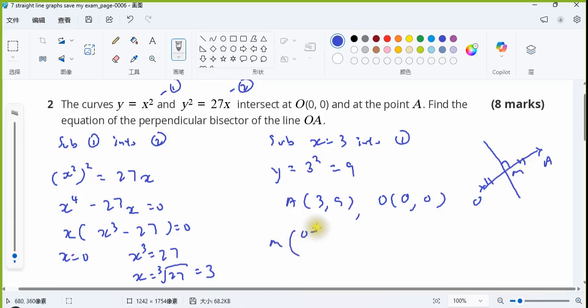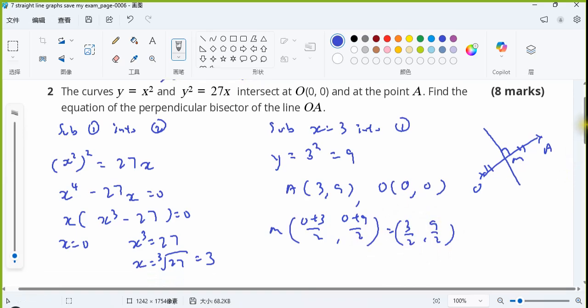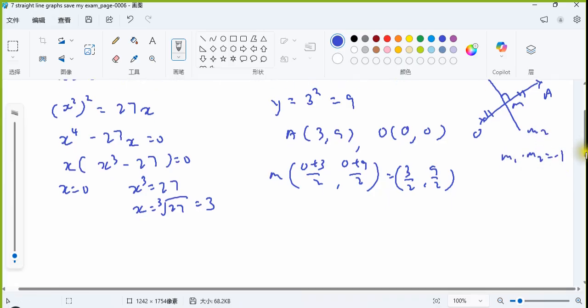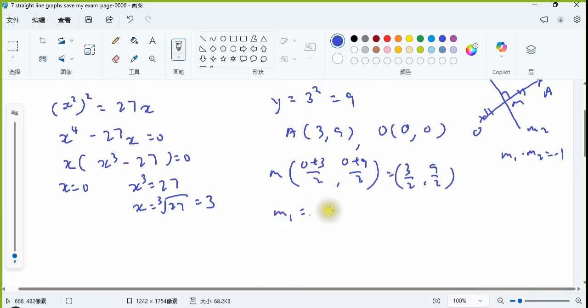So the midpoint is (0 plus 3) over 2, (0 plus 9) over 2, which is (3/2, 9/2). And gradient 1 times gradient 2 equals negative 1. Gradient 1 is (9 minus 0) over (3 minus 0), which is 9 over 3, so 3.